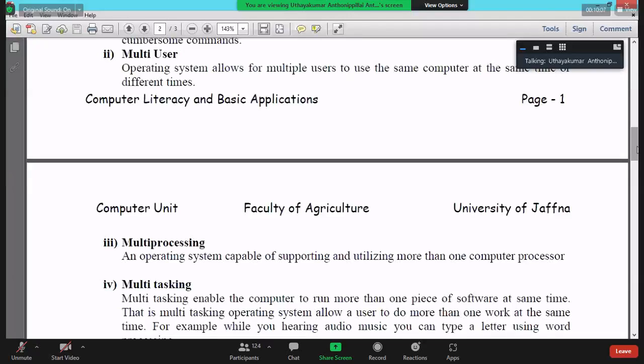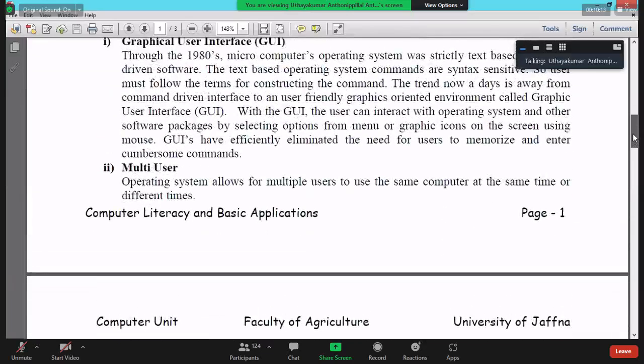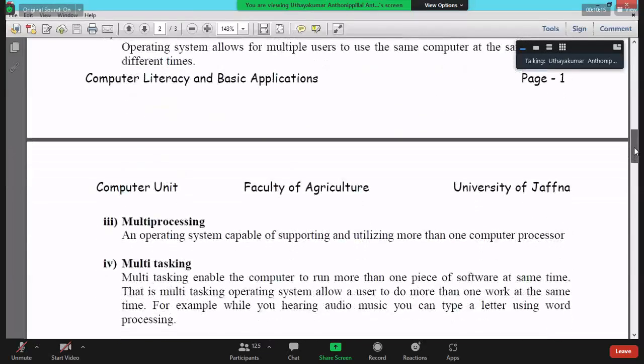Cumbersome commands means complicated commands. So that is the first objective of the modern operating system, the graphical user interface.